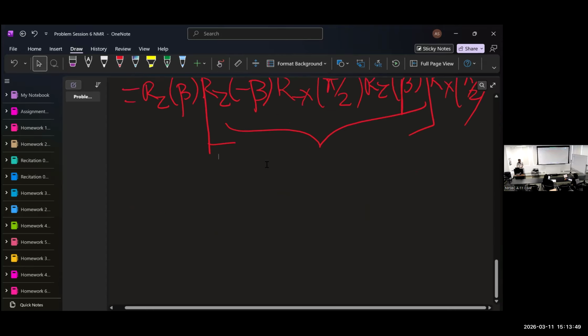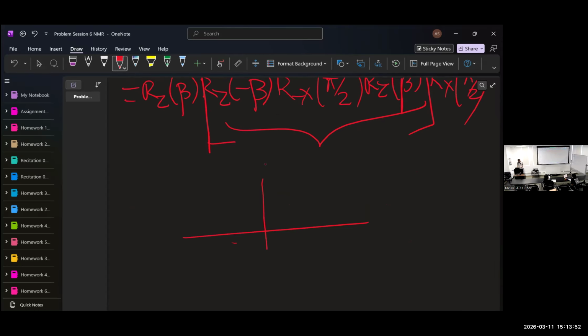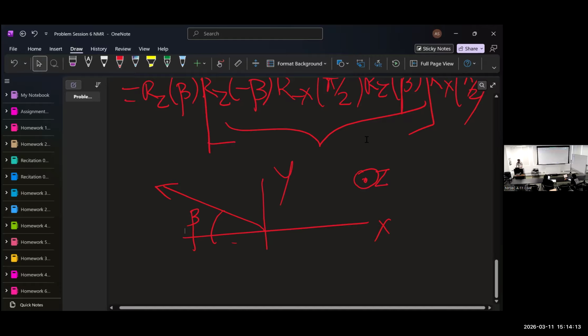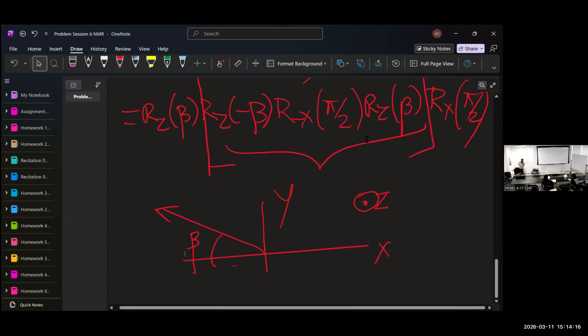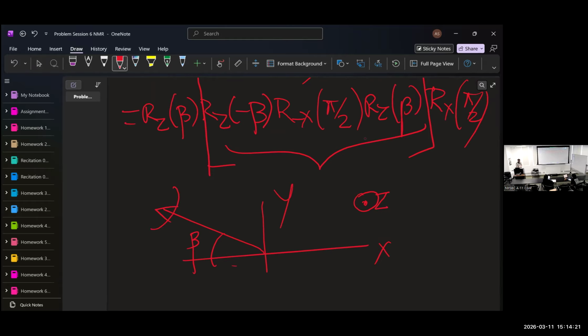Now, if you think of the xy plane, and you think of an axis going off like that, at an angle beta relative to the minus x. Does it make sense that a 90 rotation around this axis can be represented using this expression?